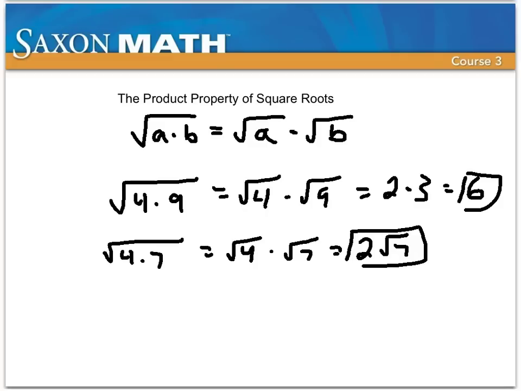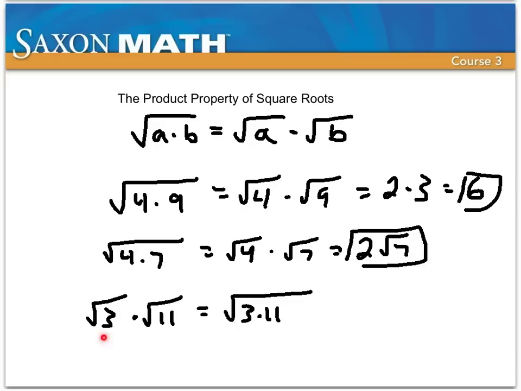Okay, now same way, we can do something that looks like this. If I have the square root of 3 times the square root of 11, I can combine those into one radical, into one square root, and I can say that's the same as the square root of 3 times 11. So basically what I did is I took this and reversed it.